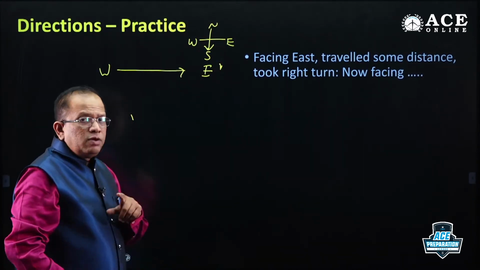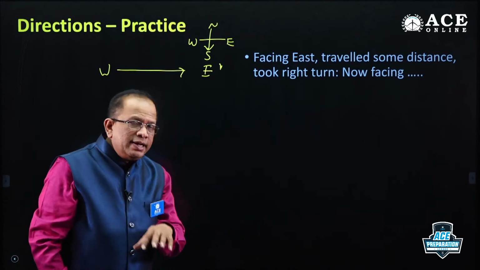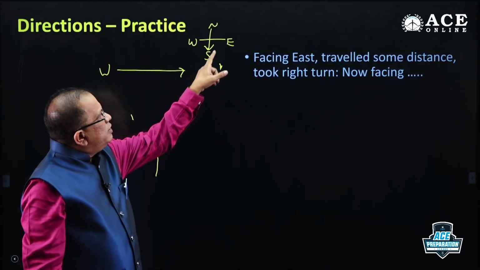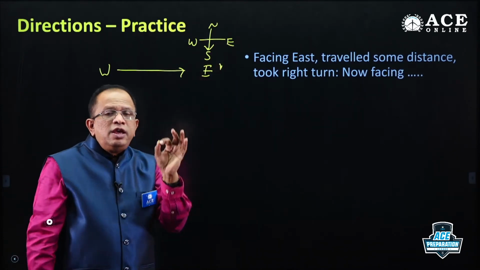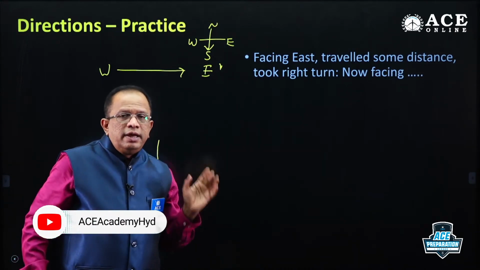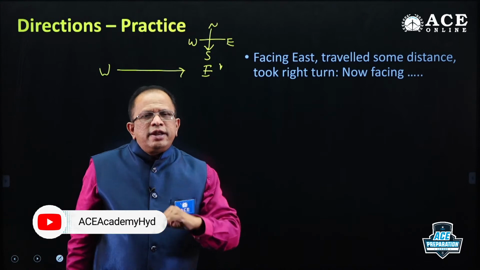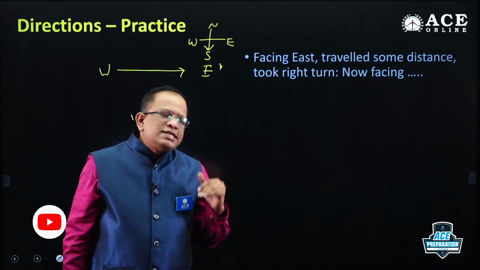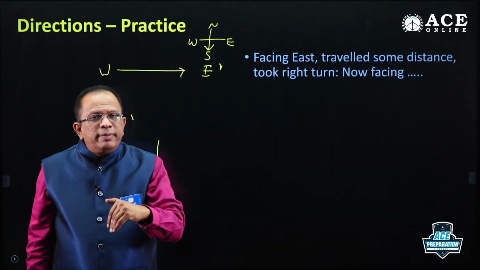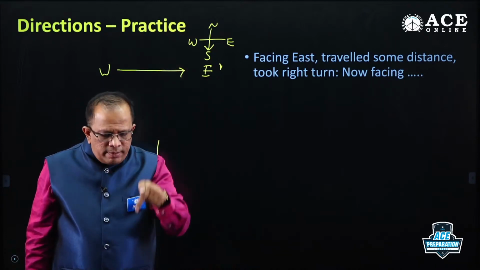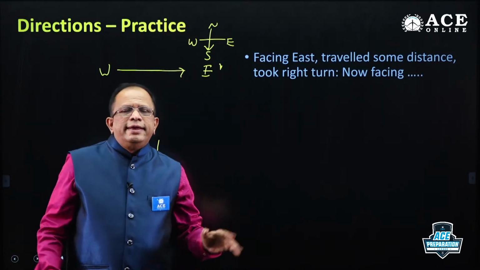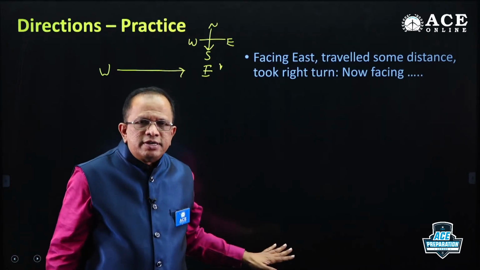If the paper setter wants you to understand that someone is coming to south direction from east, he will mention it. If he is not mentioning anything like that, you need to just take the opposite direction. Someone is coming towards south means he started from north and is coming to south. That's all. So there is no confusion here.